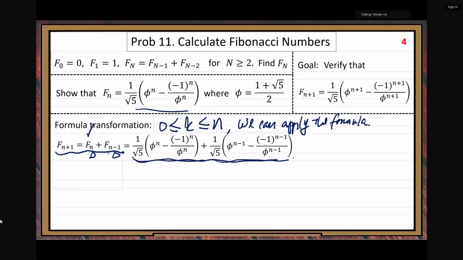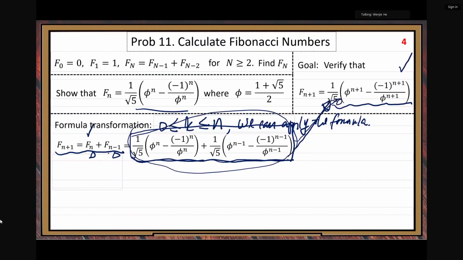Now, let's do the simplification. We want to show this whole expression is the same as our destination expression. That's our goal. So we want to verify this whole expression is the same as that one.